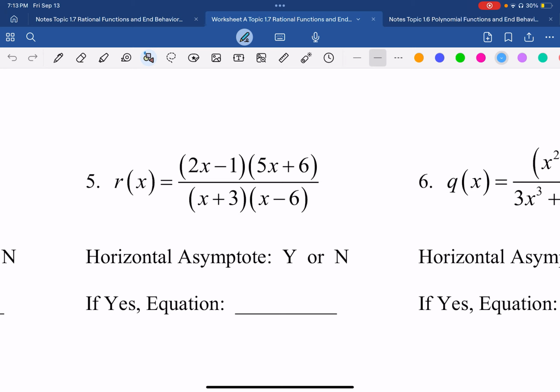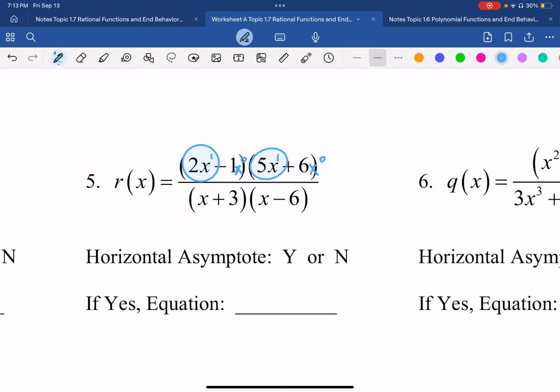Okay, so if you look at the factor 2x minus 1, remember there's an imaginary x to the power of 0 here. So of these two, this one is raised to the power of 1, the 2x would be bigger. Okay, here we have 5x to the power of 1 plus 6 times x to the power of 0. So this one would be the leading term.